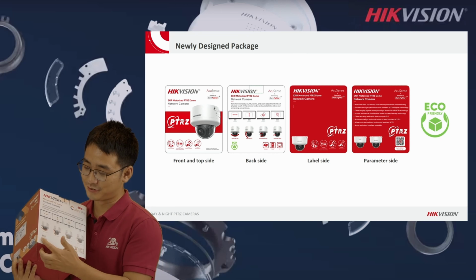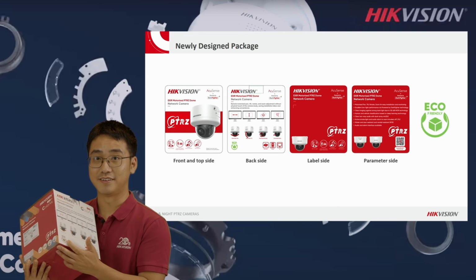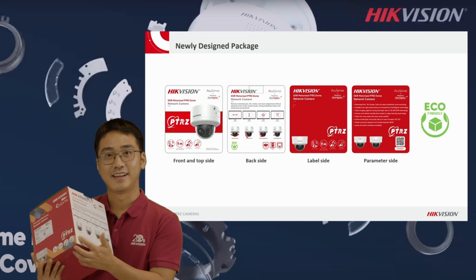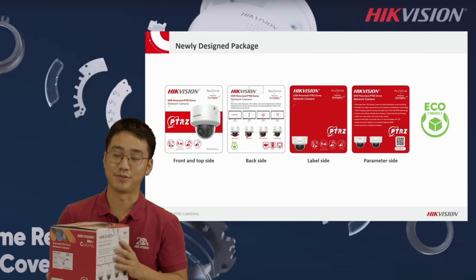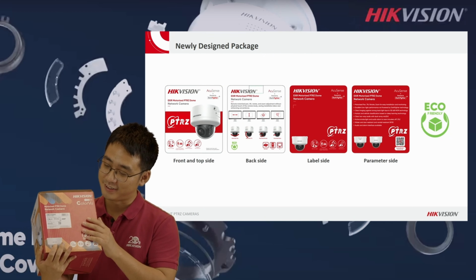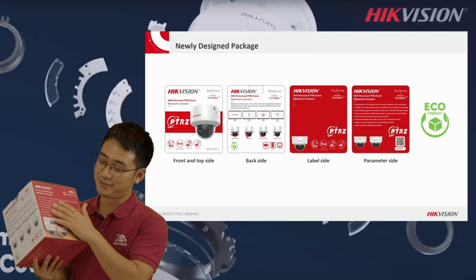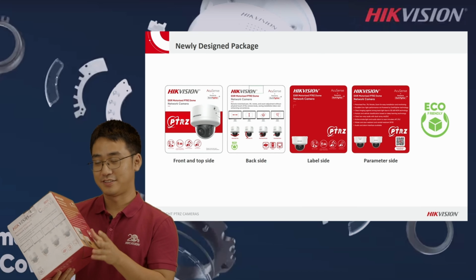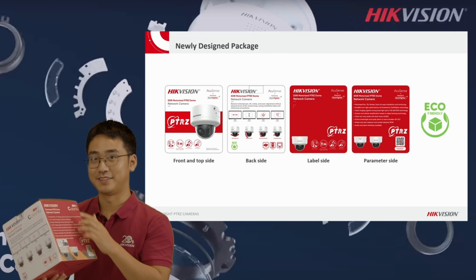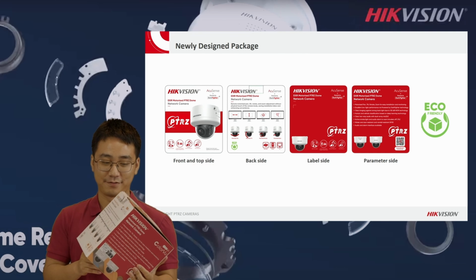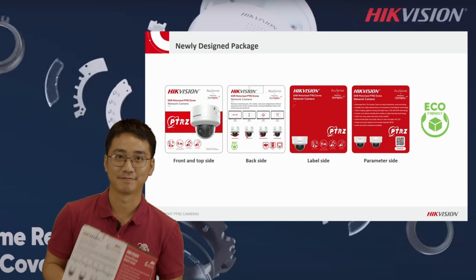You can also see that it uses eco-friendly cotton and internal materials as well. Also, on the left side and the right side, there are more features and logos so that the warehouse staff can find the PTRZ easily.